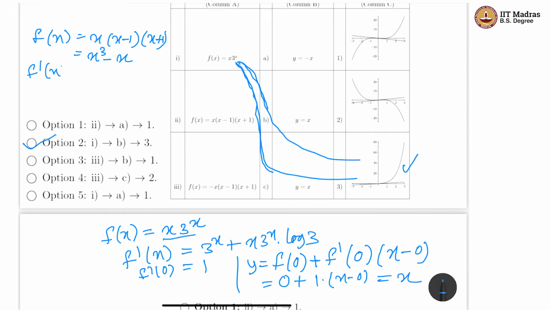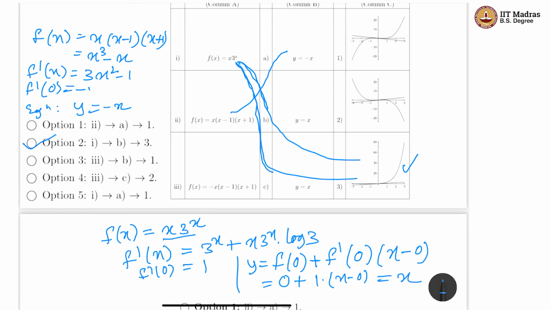So then f dash x will be 3x square minus 1, right? So f dash 0 will be minus 1. So similarly we can calculate the equation of tangent, which will be y equals minus x. Okay, so that means this equation goes to a.